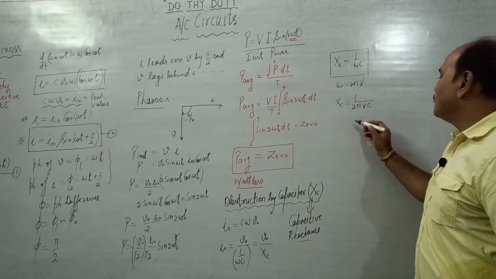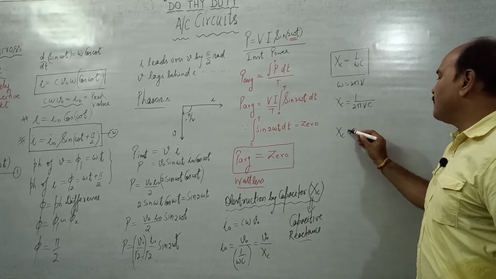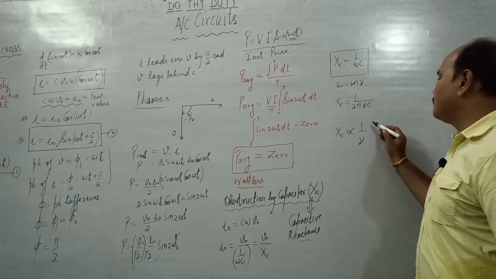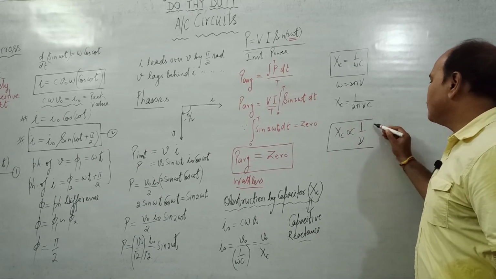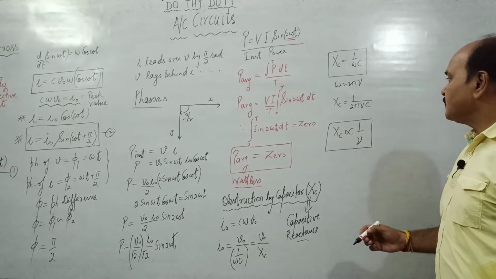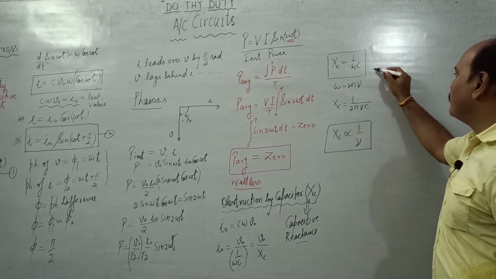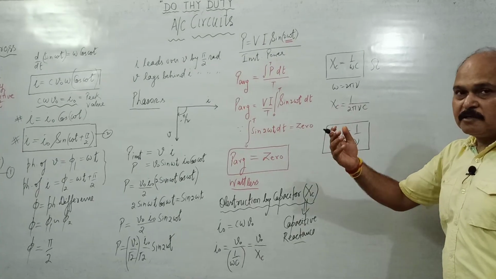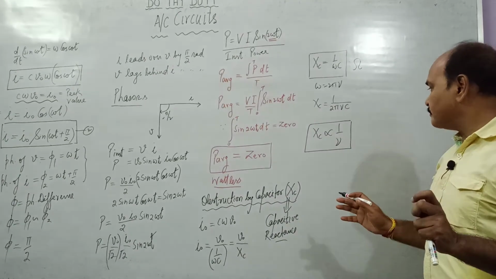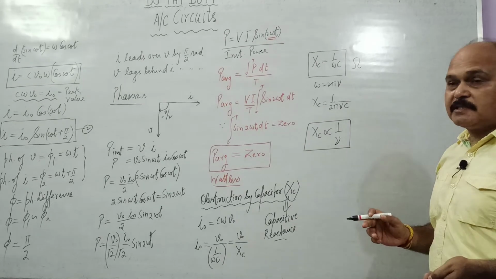You can see XC, the obstruction offered by capacitor to current, is inversely proportional to frequency. Unit of XC is the same as ohm, as was the unit of resistance.